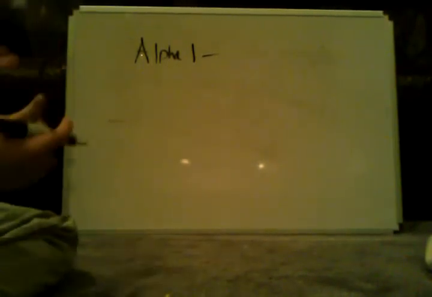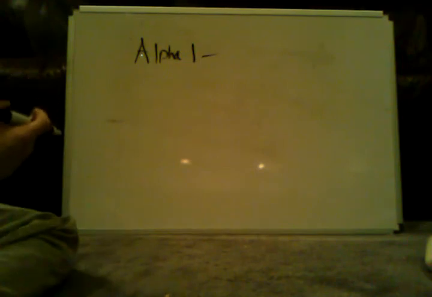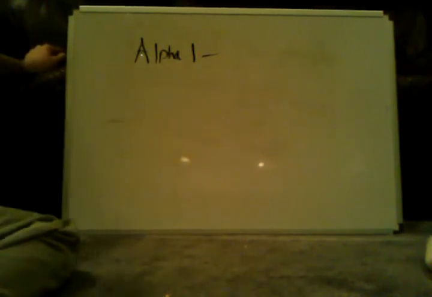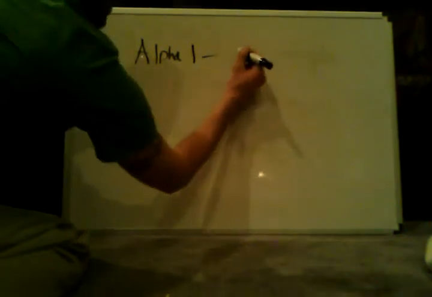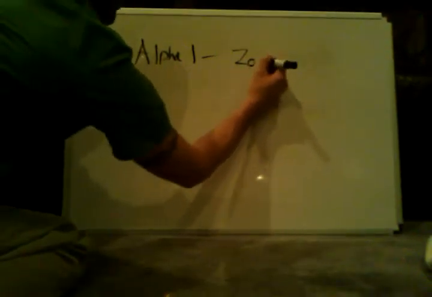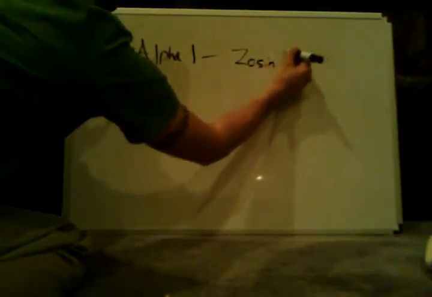And when I think of alpha 1, I think of the first, alpha, A. What's the opposite of A? The other end of the spectrum is Z, for Zosin. And that is what the alpha 1s end in, is Zosin.